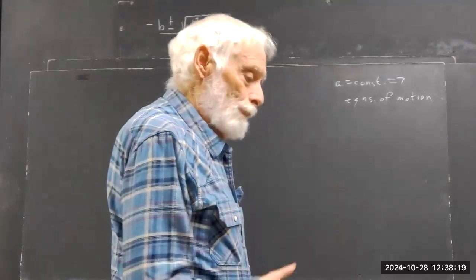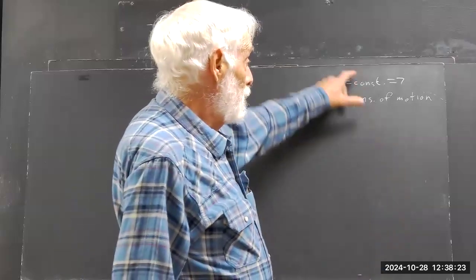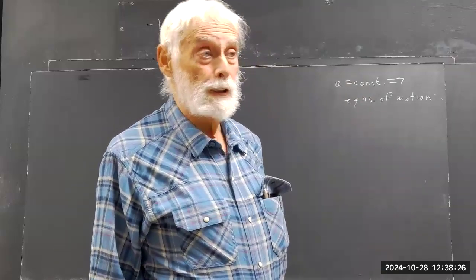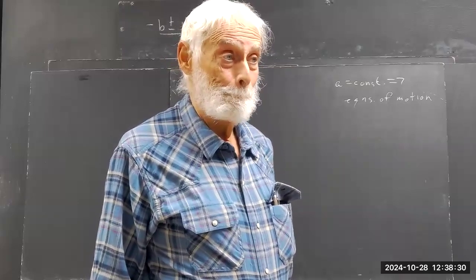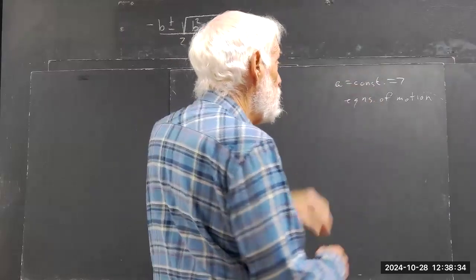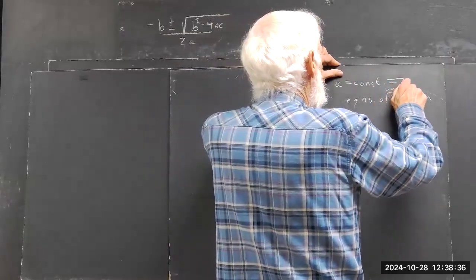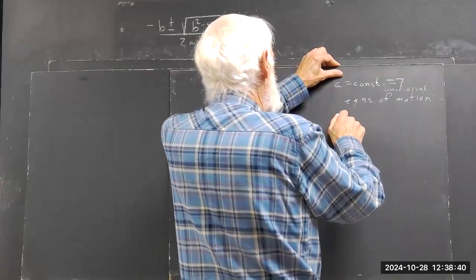If you know what we did in the first week, then you know how to get the equations of motion in case you forget them. Otherwise, you're just better off knowing them. That's the equation of uniformly accelerated motion. You got to know that.